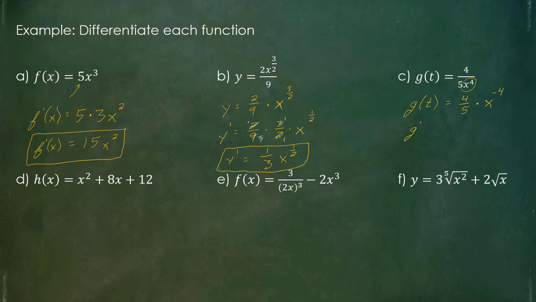So now if I actually apply my derivative here, or my simple power rule to that part, I've got my coefficient 4/5 that stays. That power will come out front, so it turns into a -4, and then drop by 1 for the exponent, so it would become -5.